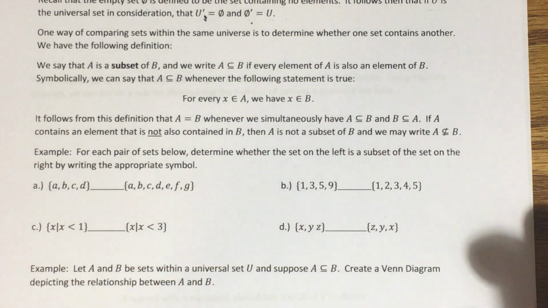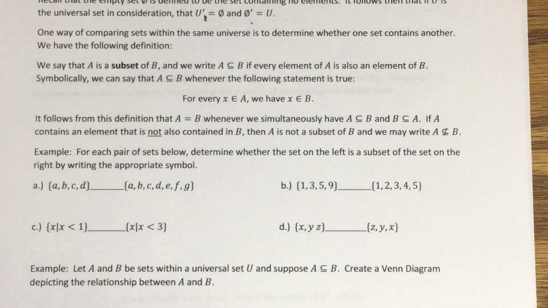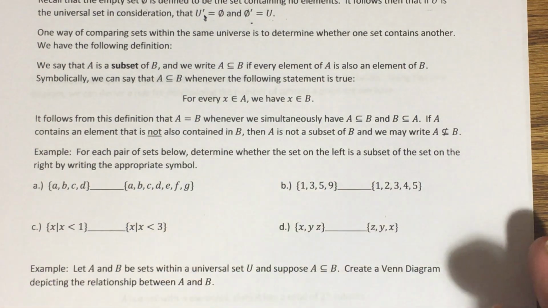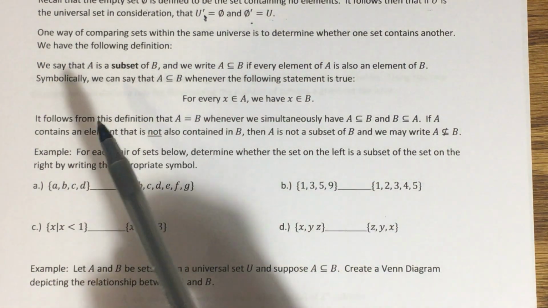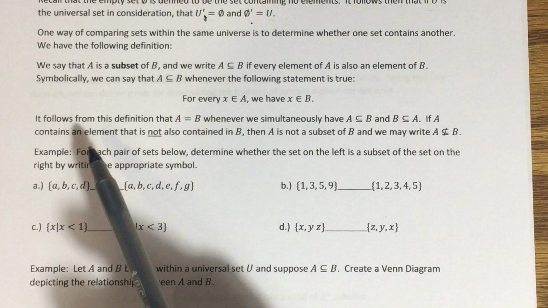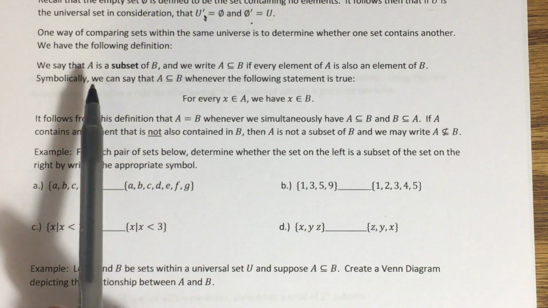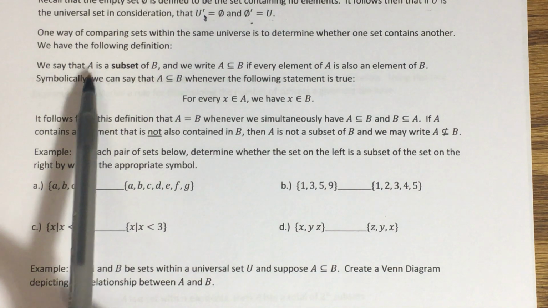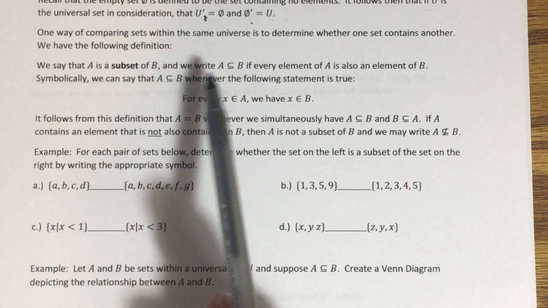Now there's probably some intuition when I say subset. You probably have an idea of what I'm talking about, and your intuition there is most likely correct. But we do need a mathematical definition for subset so that we can use that in applications like this. So let's get that definition down. We're going to say that A is a subset of B, and we use this notation.